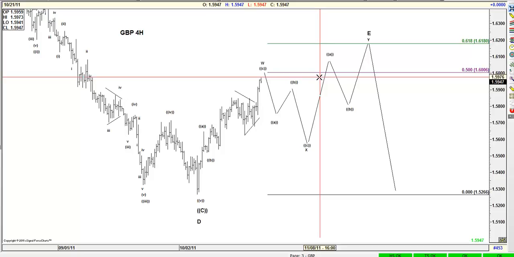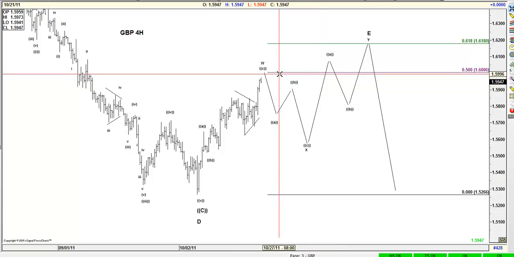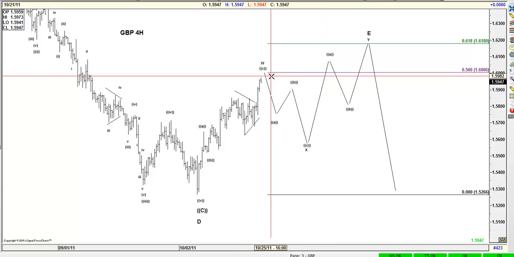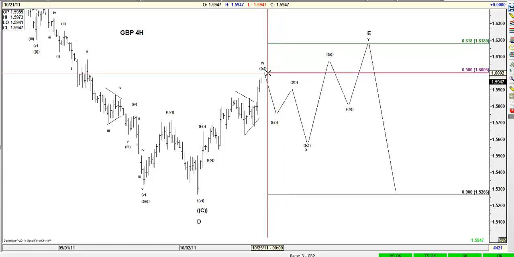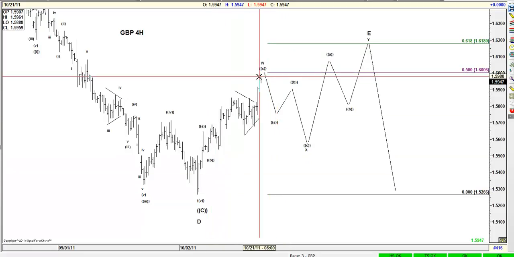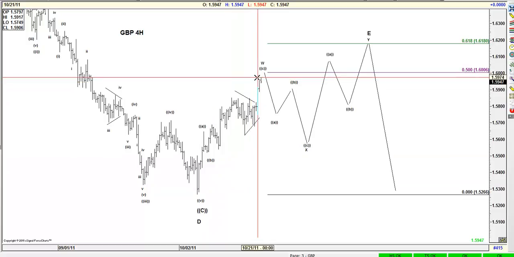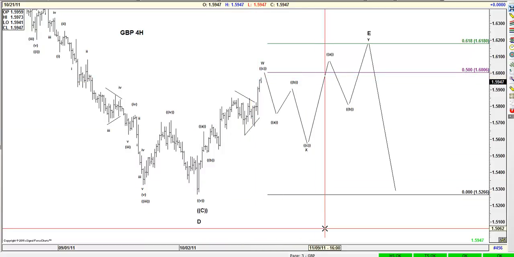Why? Because cable is getting to the minimum requirement of the E wave at the 50% retracement, 160.06, and who knows if this is all we're gonna get. If this is all we're gonna get, then the dollar is gonna explode higher. And remember, there is a flat scenario in the dollar, which is possible. I don't think it's gonna happen, but you guys should be on that side of the market in case the dollar breakout is happening.